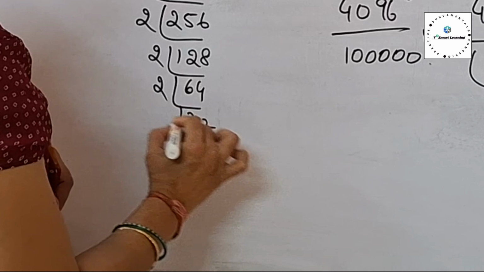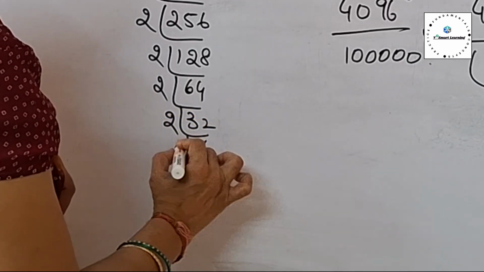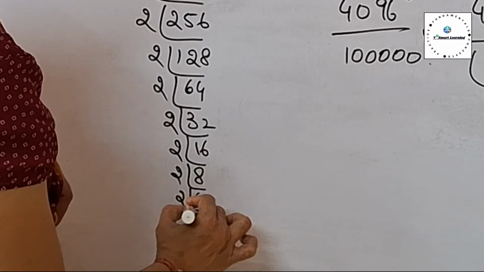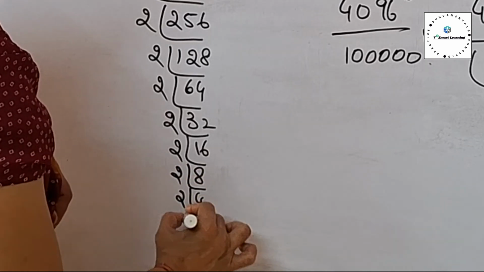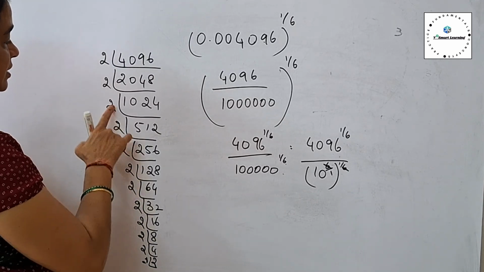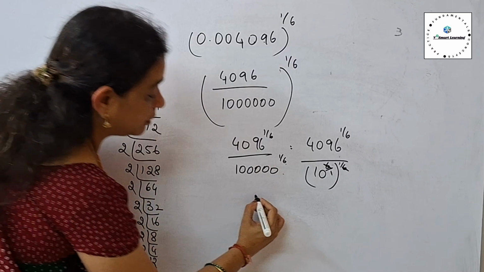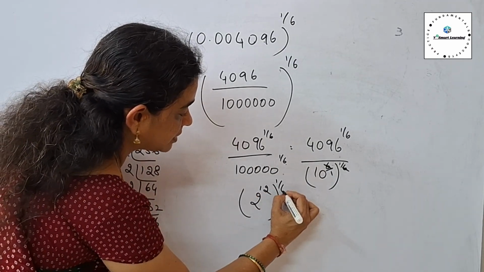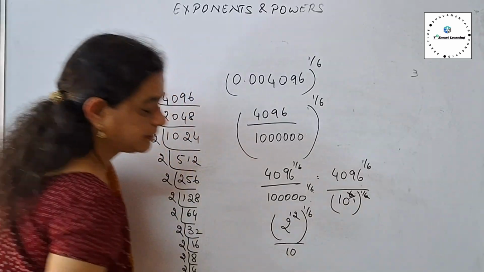So I hope all of you know the L method. So you keep finding factors, right? So 1, 2, 3, 4, 5, 6, 7, 8, 9, 10, 11, 12. 2 to the power of 12, whole to the power of 1 by 6, by 10.